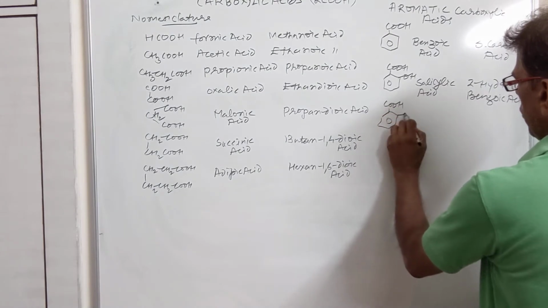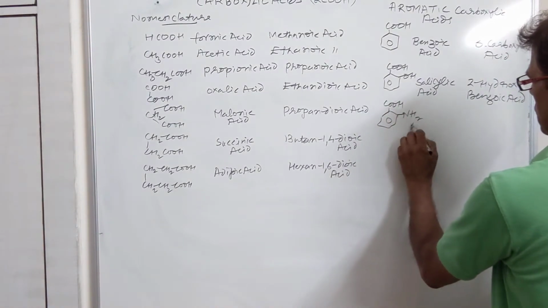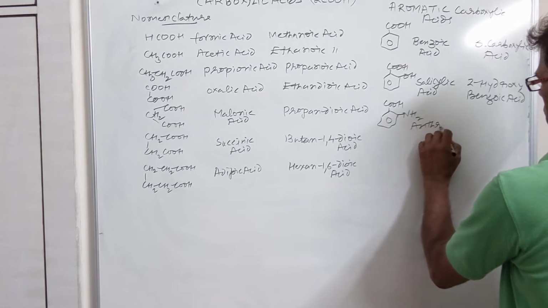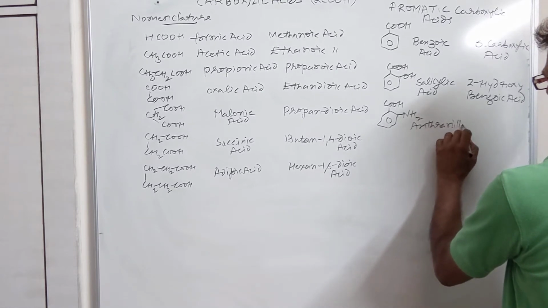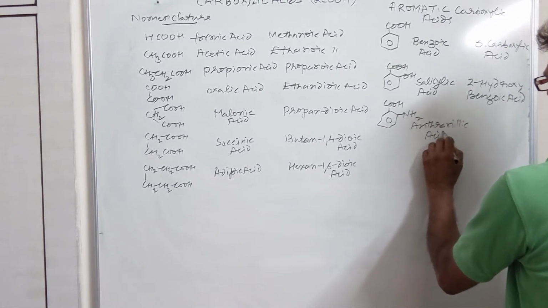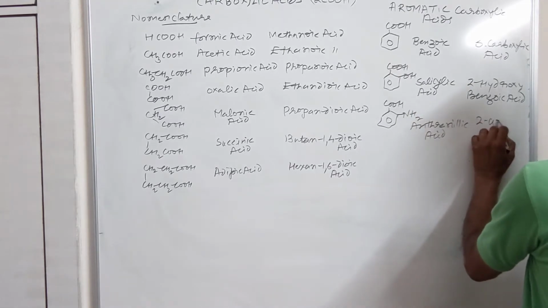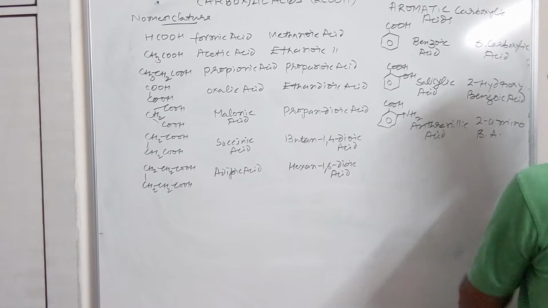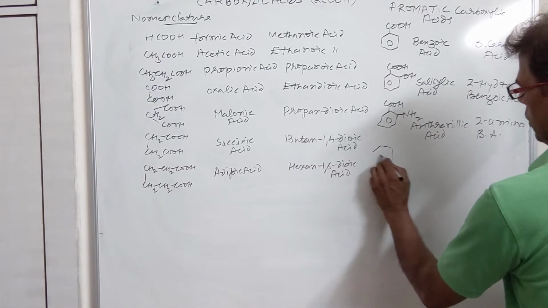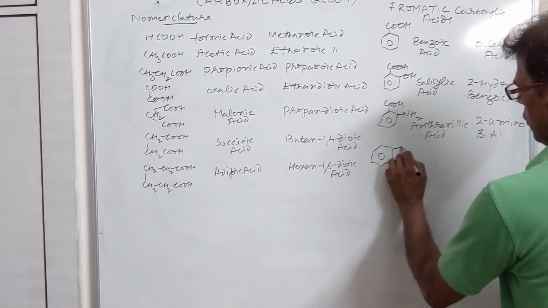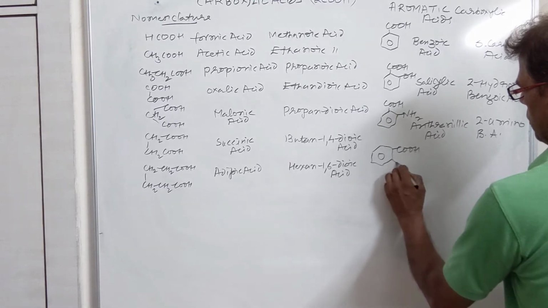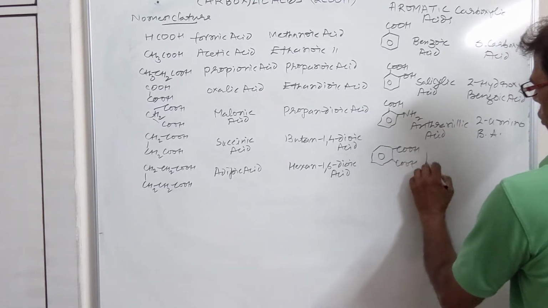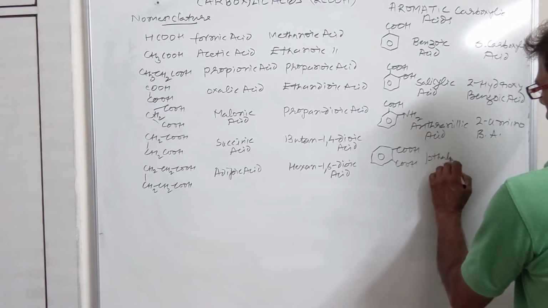We have amino group. This is called as anthranilic acid. IUPAC will be 2-amino benzoic acid. Then we have dicarboxylic aromatic acid, 1,2 position substituted by COOH. Commonly it is called as phthalic acid.